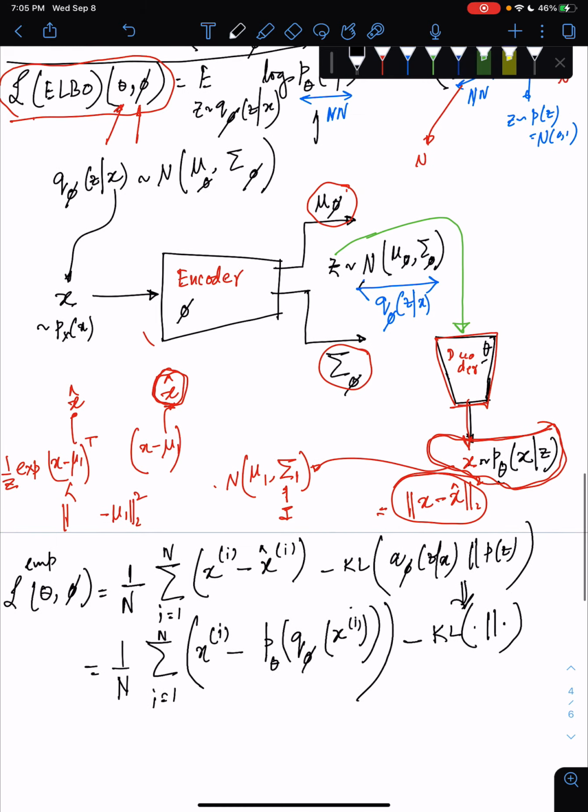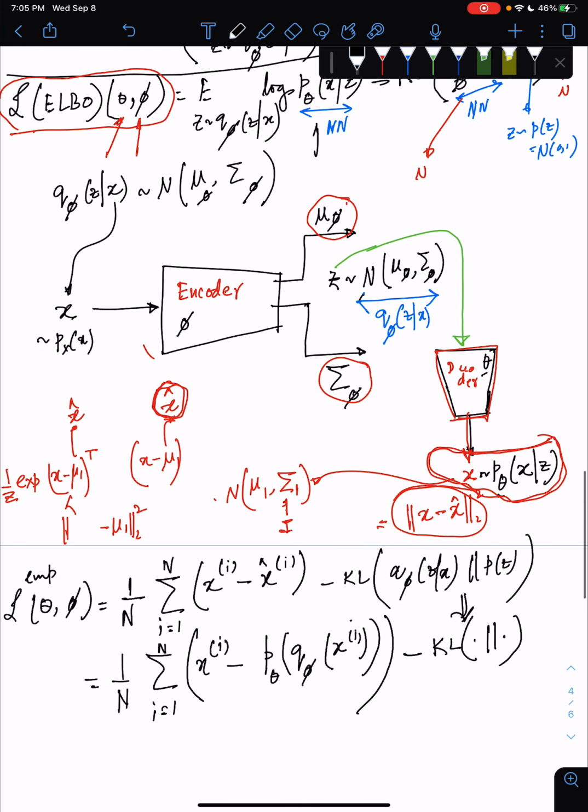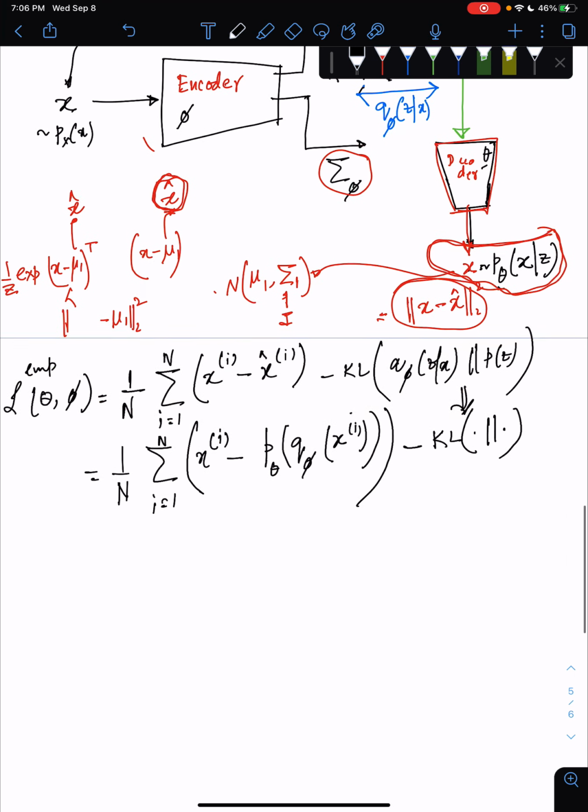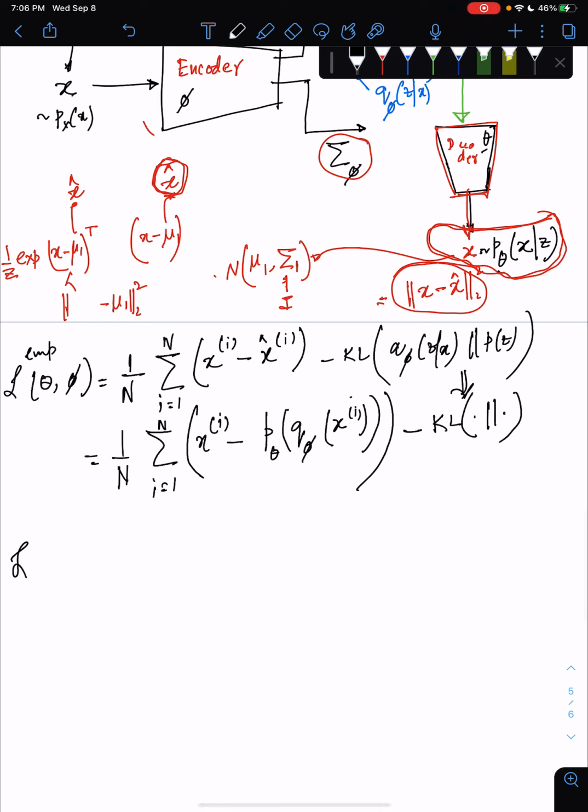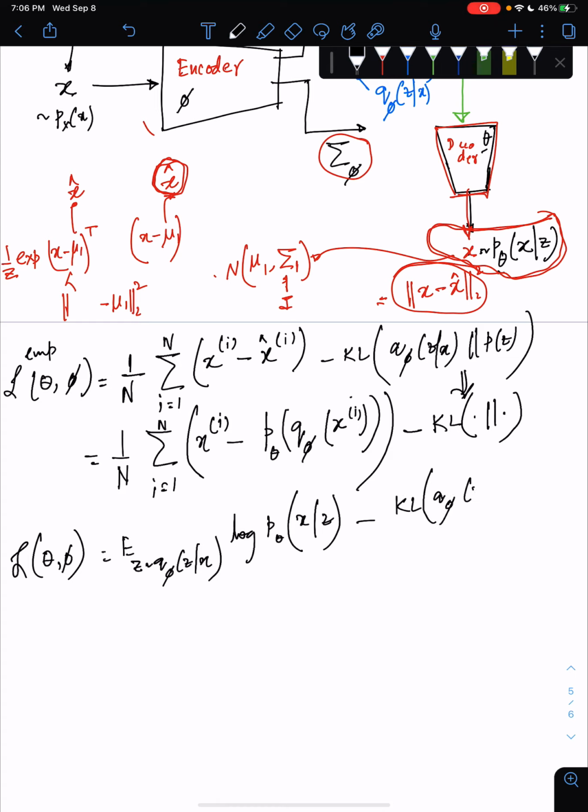I want to copy the actual theta phi loss: this is the expectation over z from q phi z given x of log p theta x given z, minus the KL of q phi z given x and p z.